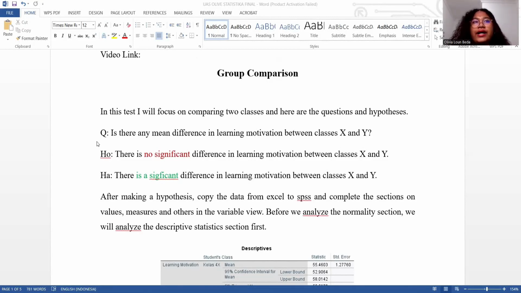After you define your research question, you have to make the H0, or the hypothesis. My H0 is: there is no significant difference in learning motivation between class X and Y. And the HA is: there is a significant difference in learning motivation between class X and Y.